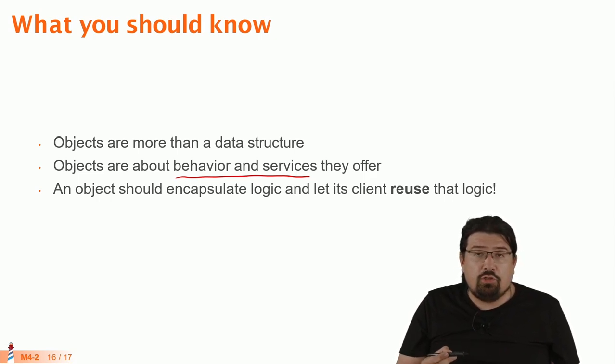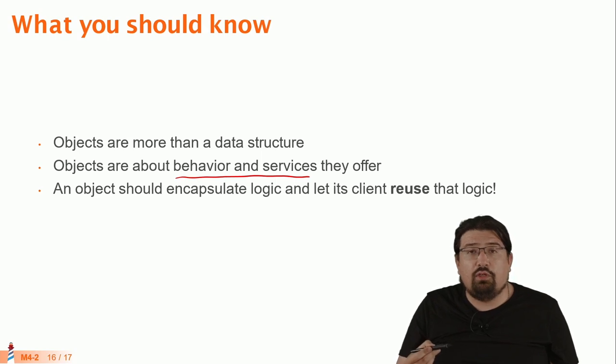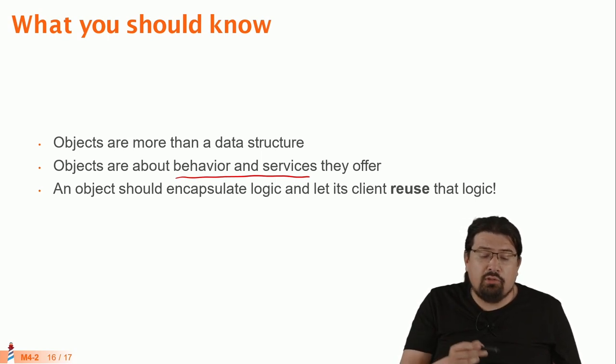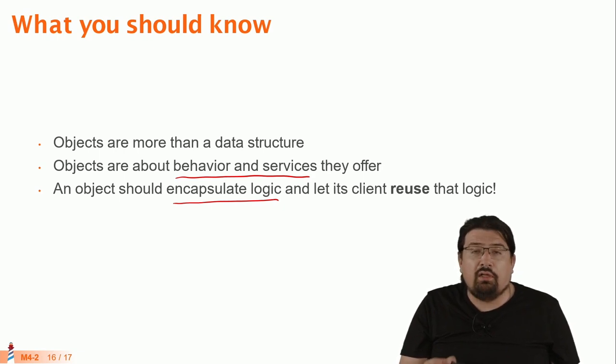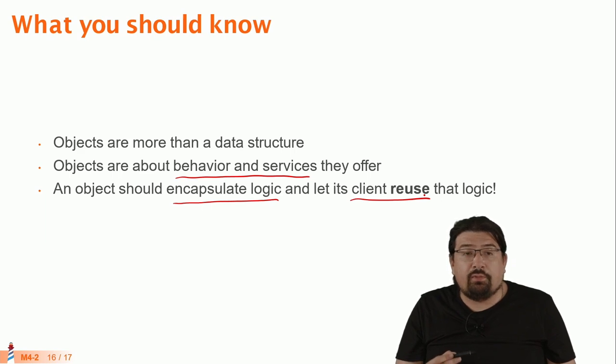The objects should give operations that we use from outside, and they should encapsulate the logic and their internal state. So the client can reuse the code that is implemented in the object, the operation that is exposed by the object, directly without caring how it is implemented.